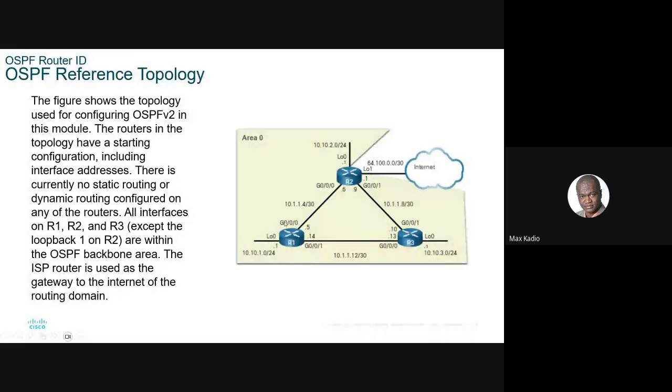So I have router 1, router 2, router 3, and it's just an example. Router 1 has the ID, router 3 has an ID. Now we're going to compare these two.